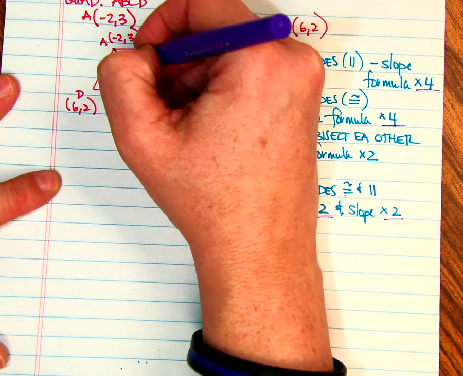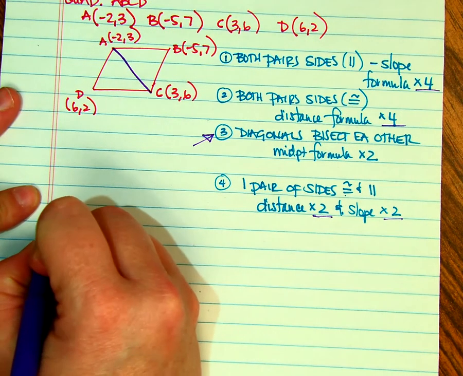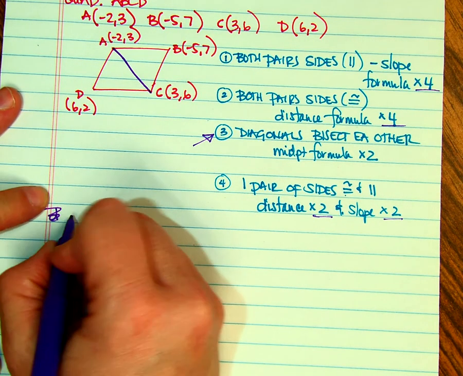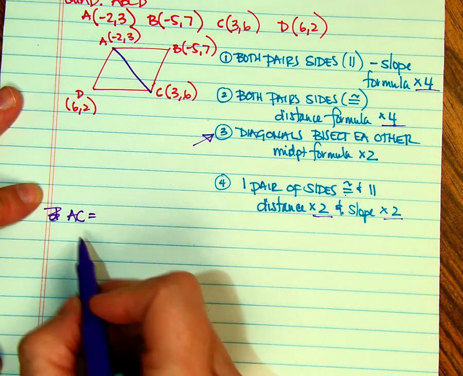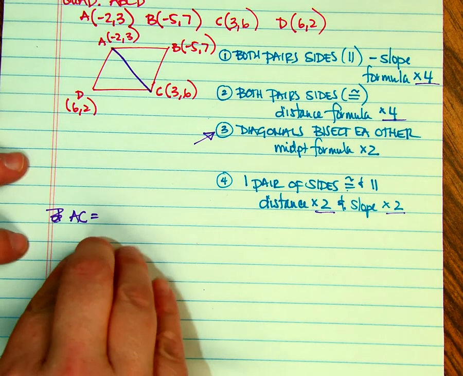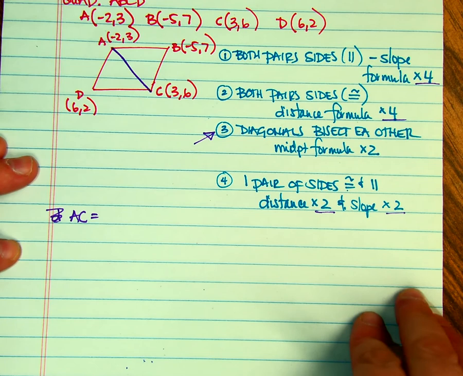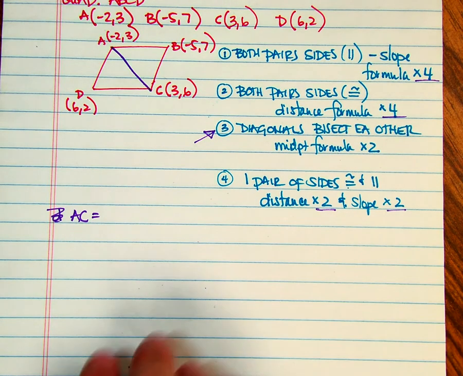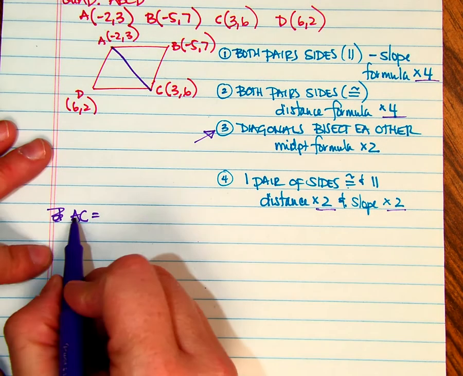So my diagonal consists of AC. Make sure that when you are showing your work that you are very clear on what segment you're doing. That way I don't have 4 distance formulas and I have no idea what formula goes to what side. So make sure you're very clear in your label.